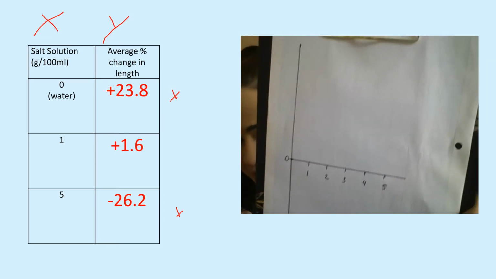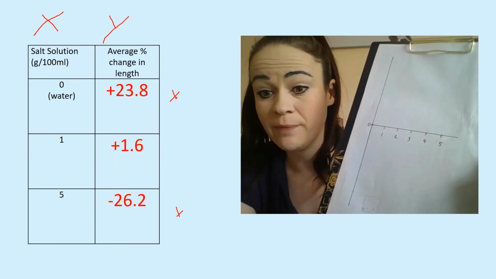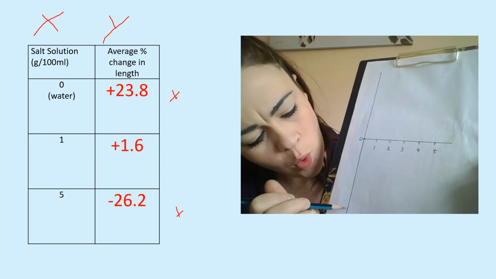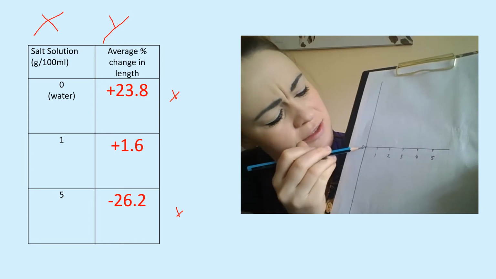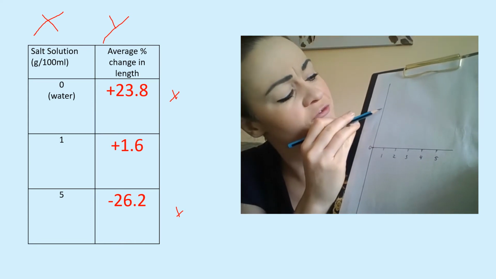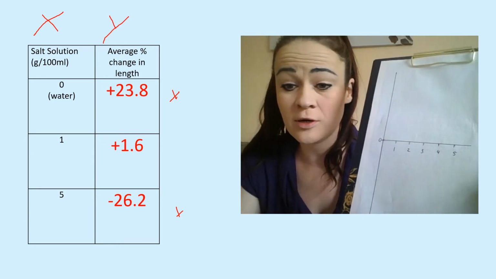Now, if you look at the size of my line, when I go and count how many big squares, I go from the bottom. So I go 0, 1, 2, 3, 4, 5, 6. Up to 0, 1, 2, 3, 4, 5, 6, 7. Okay, so I've actually got one extra up on the positives.